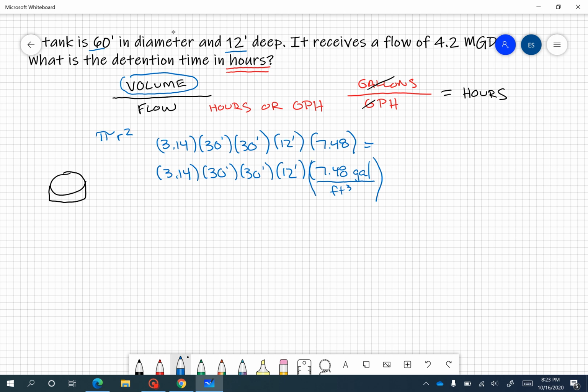So when I multiply that out, my cubic feet are going to cancel out, and I'm going to have a number in gallons. So let's go ahead and do that.